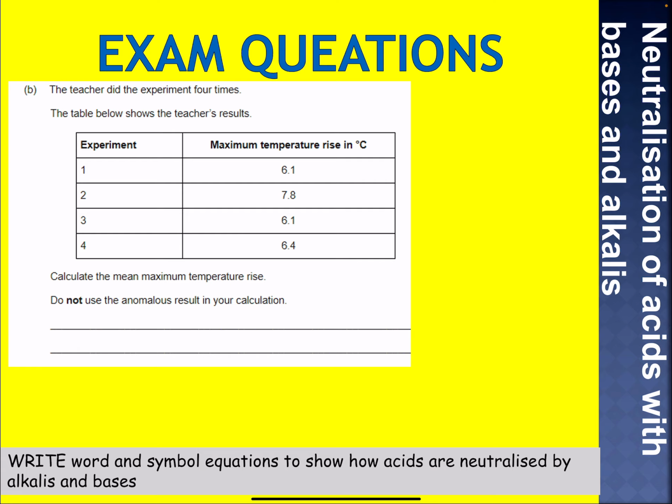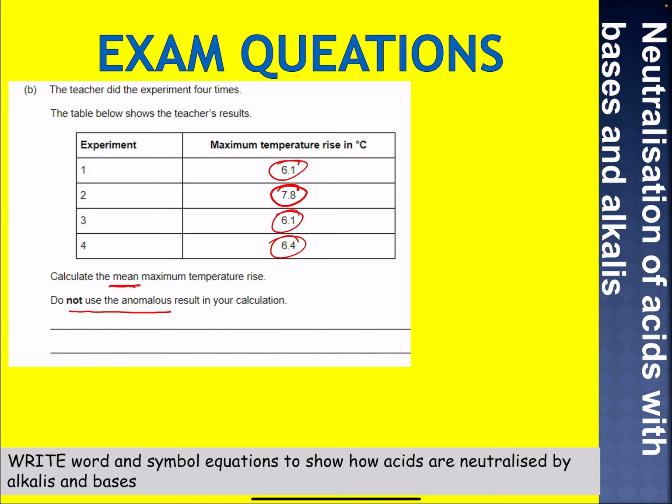The teacher did the experiment 4 times. The table below shows the teacher's results. So experiment 1, maximum temperature reached. Experiment 2, experiment 3, and experiment 4. Calculate the mean, so that's the average, maximum temperature rise. But please pay attention to this. Do not use the anomalous result.